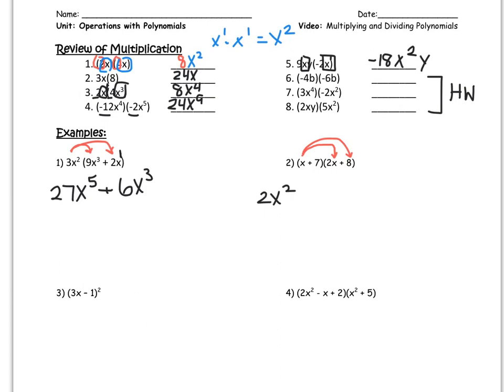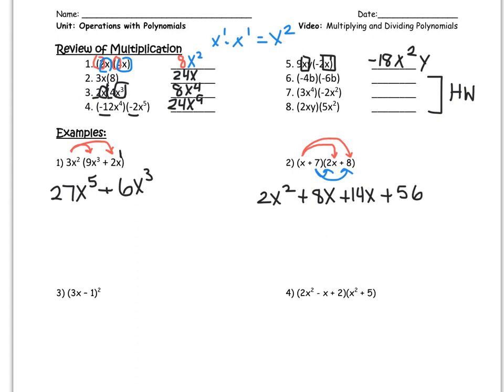Then you do x times 8, which is a positive 8x. Then you multiply the 7 by everything in here. So 7 times 2x is positive 14x. And last but not least, we have 7 times 8, which is 56.